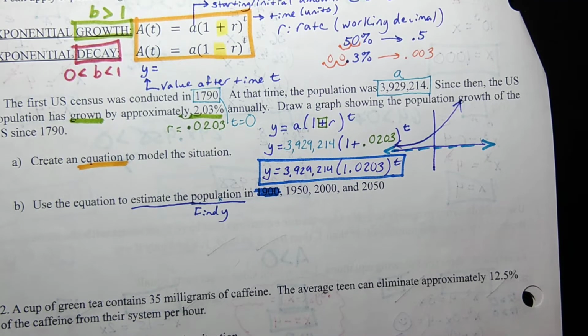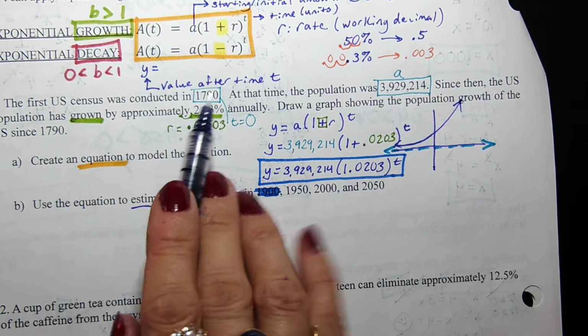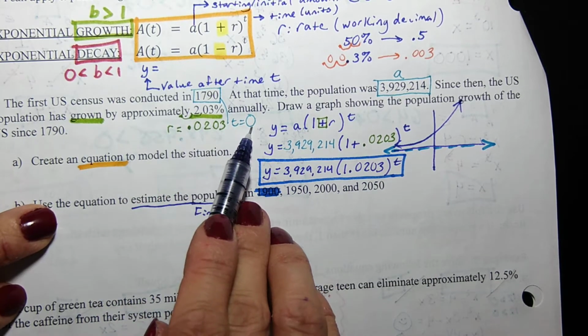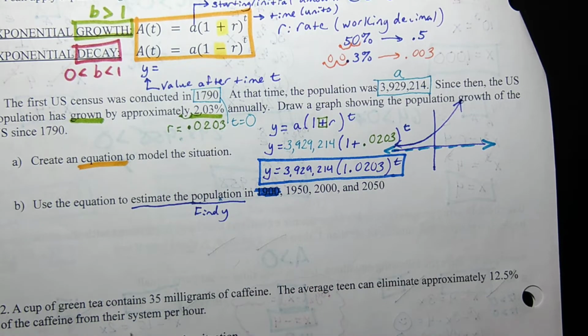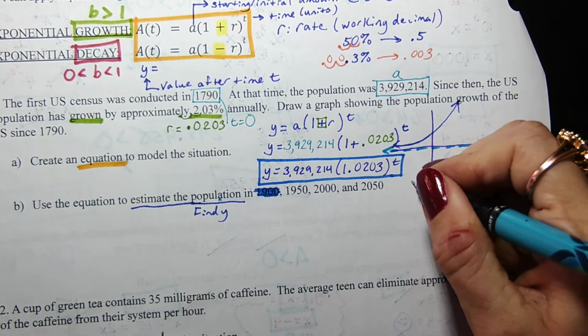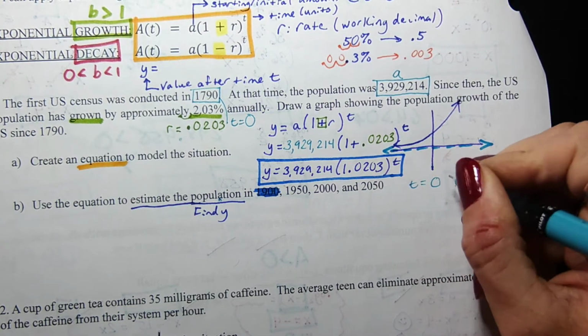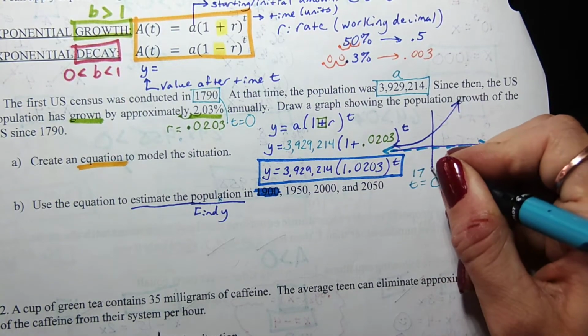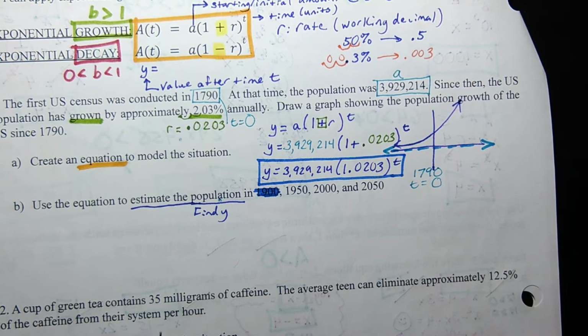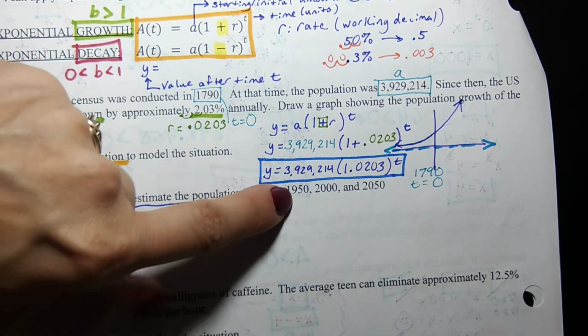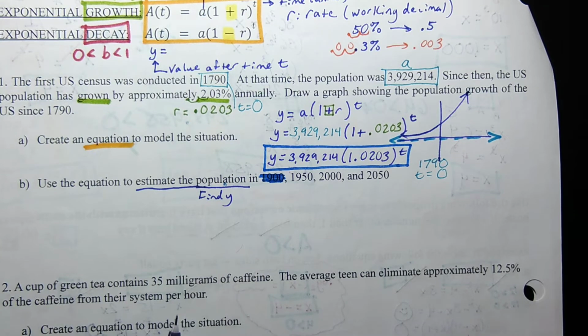Back in the original problem, we let time equals 0 be 1790. So if t is 0 for the year 1790, what do I need to do to figure out what I will use for t for 1950?